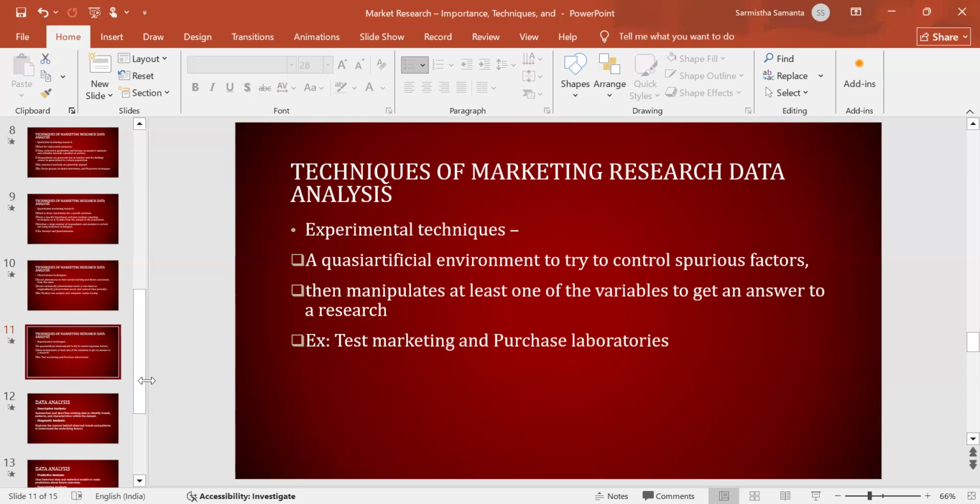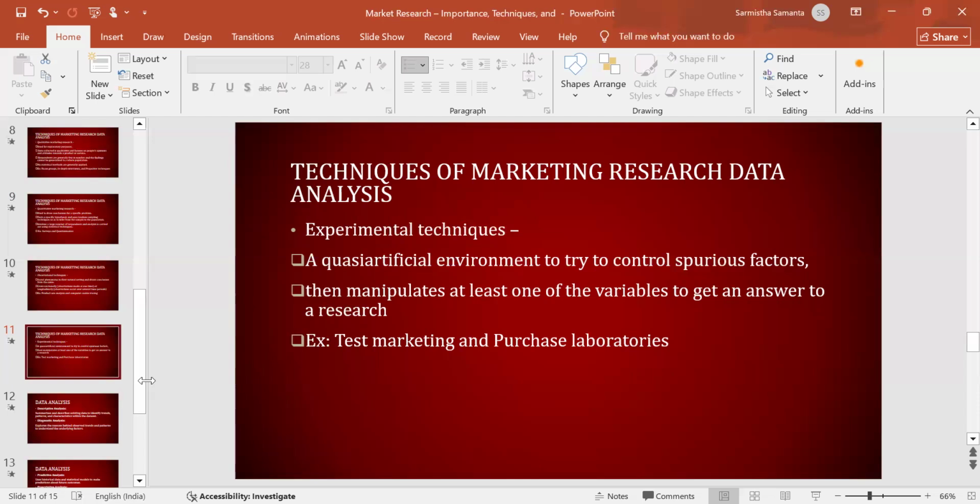You are giving some samples of the same type of product to a particular person and asking whether you will like this product more or not. So it is an experiment, where some manipulation goes on, taking one base point and then changing the situation, to see how the preferences of the consumer are changing.